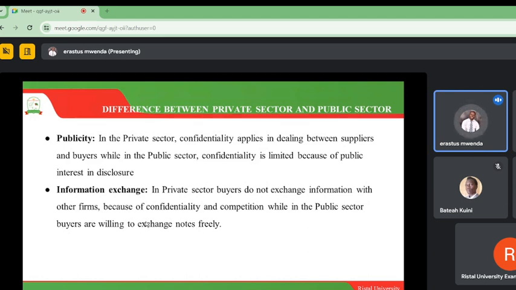Information exchange, we are going to say under the private sector, buyers do not exchange information with other firms because of confidentiality and competition.